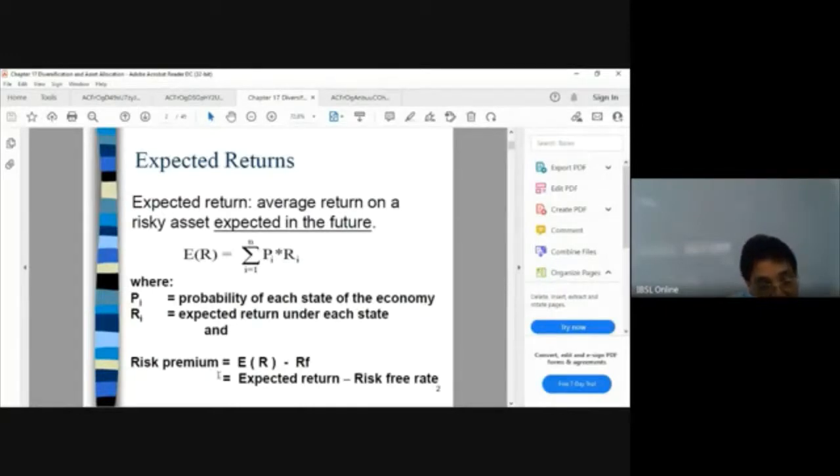For example, say the return on government securities is 6%, say in Sri Lankan conditions. And there is another security which gives a return of 10%, say. Then what is the risk premium? 10% minus 6%, so 4% is the risk premium. That is how we can work out the risk premium.